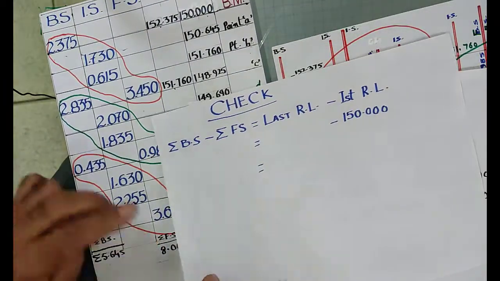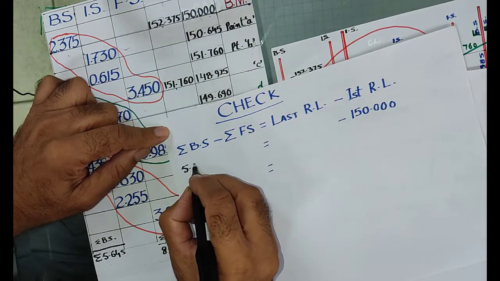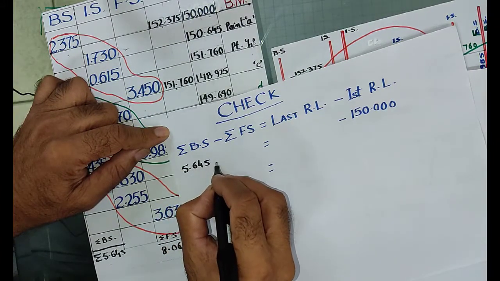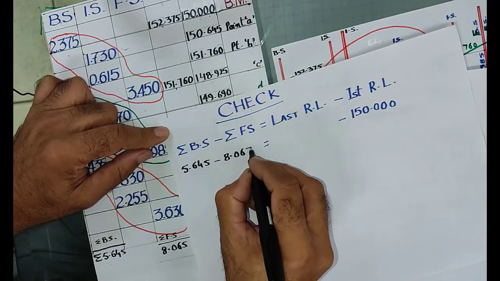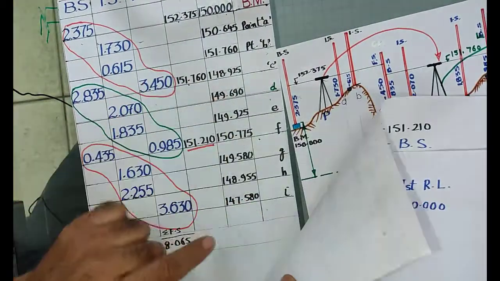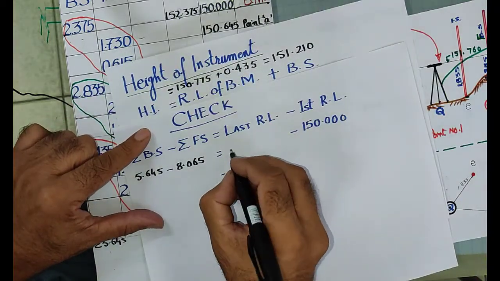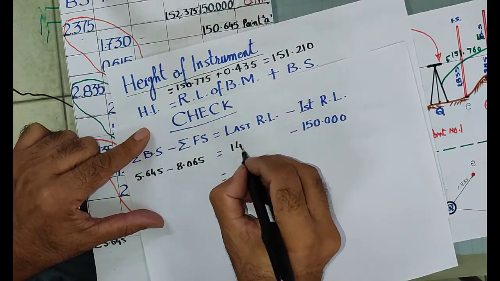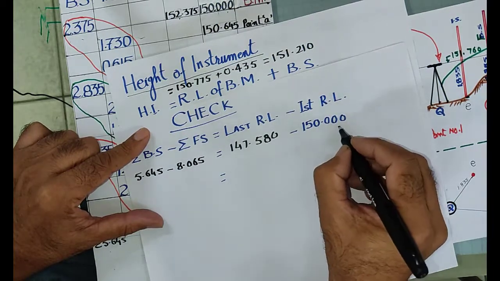Then I can now apply. So sigma backsight comes to be 5.645 minus 8.065. The last RL is, you have calculated the last RL of the last point, 147.580, and the first RL is given as 151.